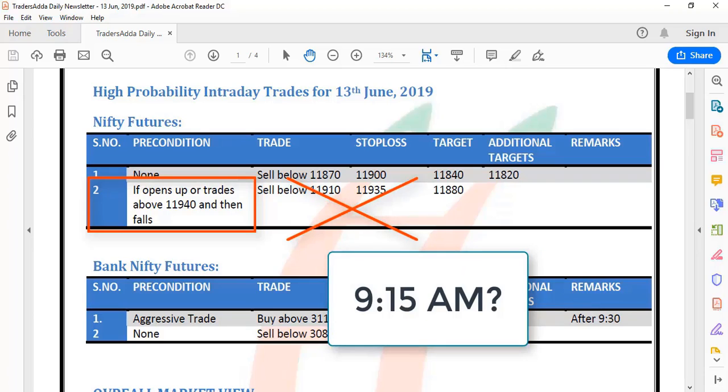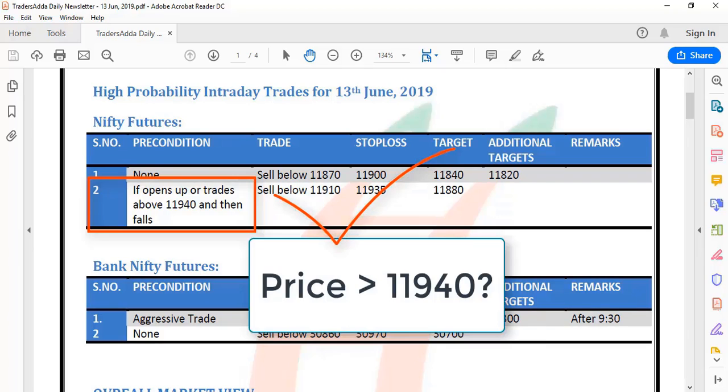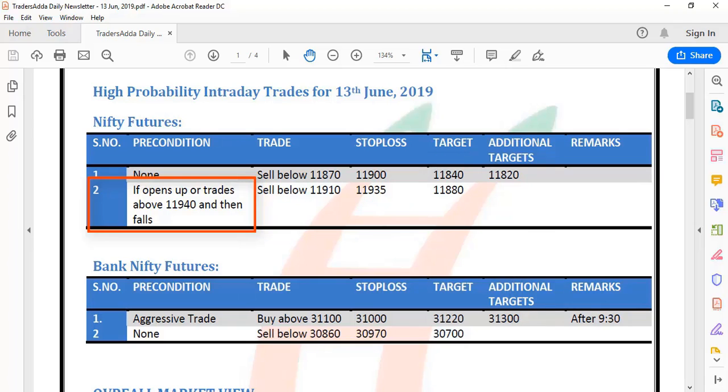So the second trade is not to be put into the system at 9:15 AM. Instead, if at any point during the day price crosses 11,940, then this trade has to be put in the system. Normally, we also give an alert on our Telegram channel whenever the precondition is met.